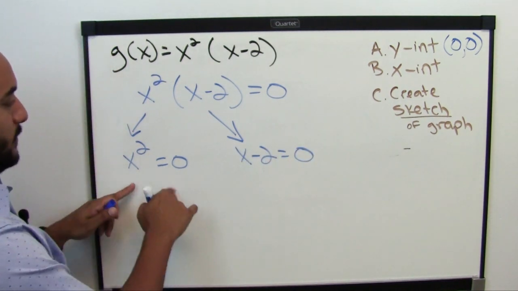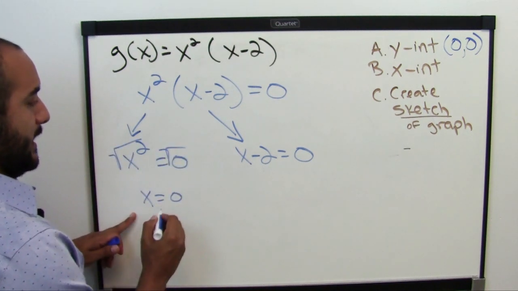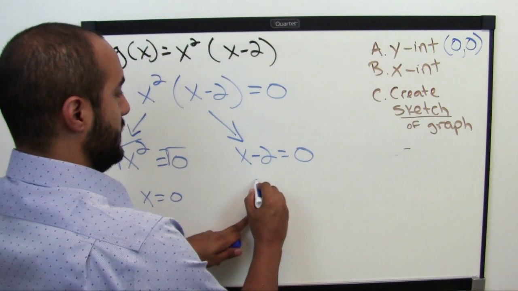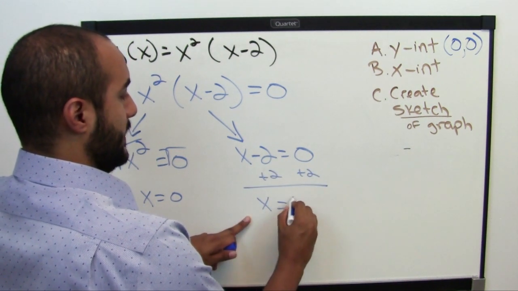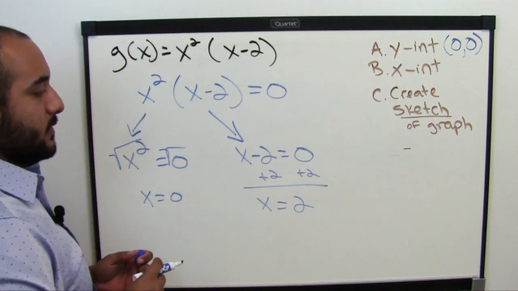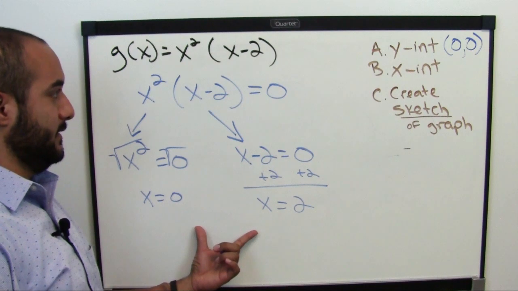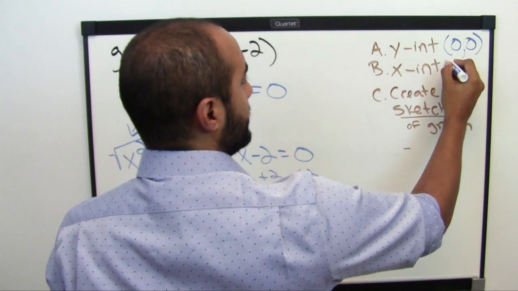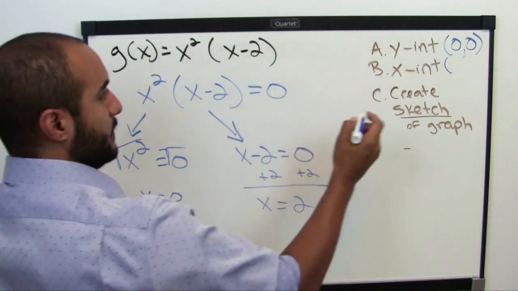Solving this, square root on both sides, my x is equal to 0, and here adding 2 to both sides, my x is equal to 2. So I have 2 x-intercepts. I have 0, 0.